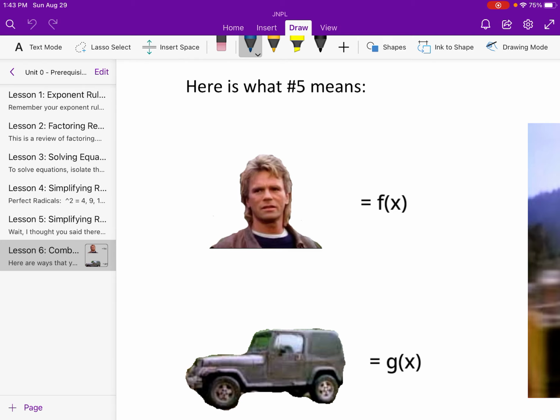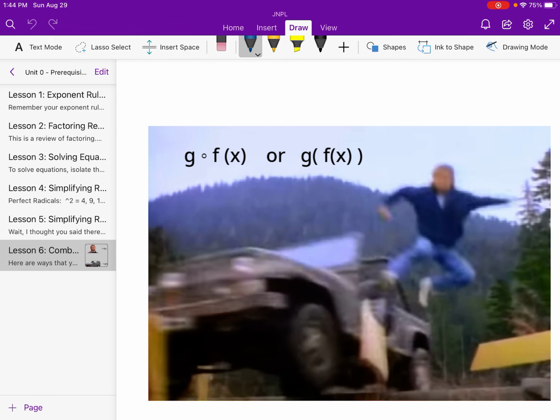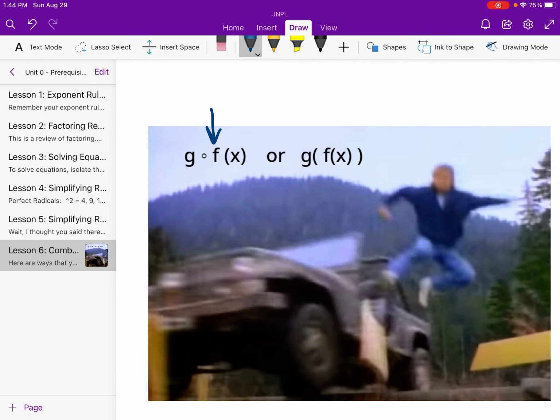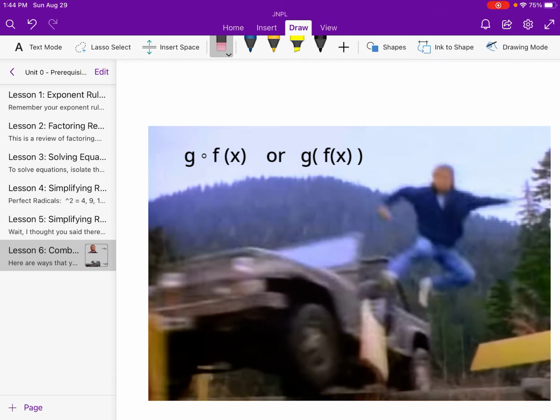So, if MacGyver is f of x and his Jeep is g of x, if you see g of f of x, where you see g circle f of x, you typically would see it this way. Occasionally you'll see it that way. But if you see that the f of x is in the g of x, then if f of x is MacGyver and g of x is the Jeep, he's in the Jeep.